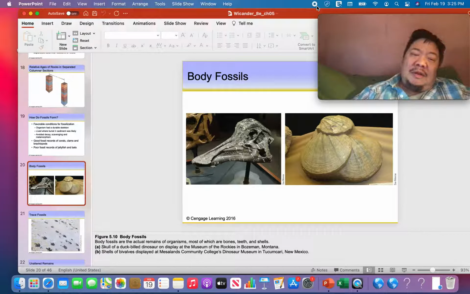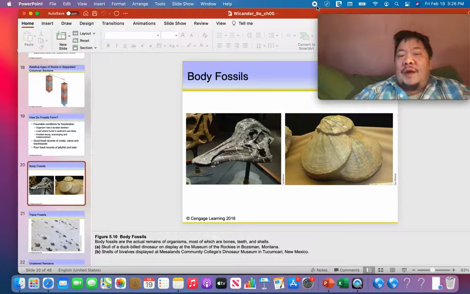And so what do you end up with after a couple months? Just bones, right? So the reason why we don't preserve soft body tissue is it usually gets consumed prior to fossilization. How does fossilization occur?